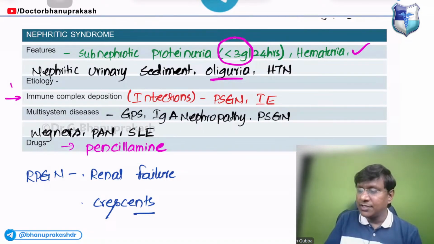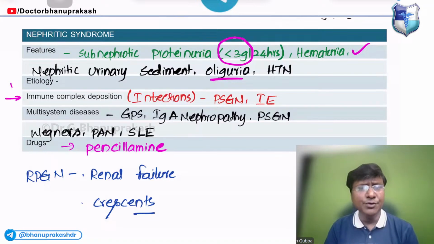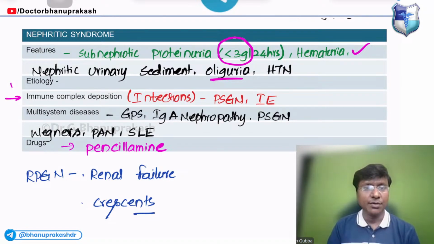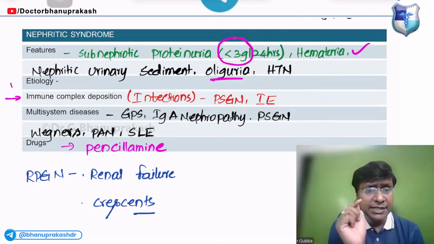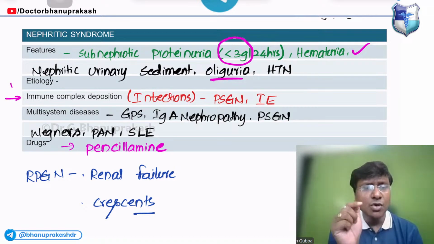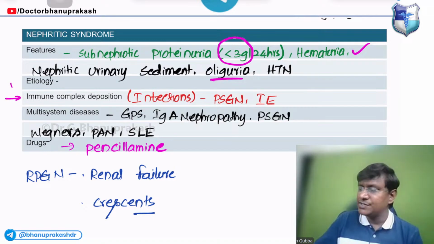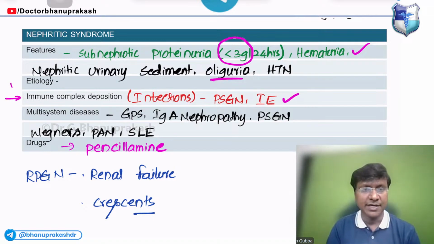If you take the etiology, immune complex depositions are very common. The immune complex deposition can be secondary to post-streptococcal glomerulonephritis as well as infective endocarditis.